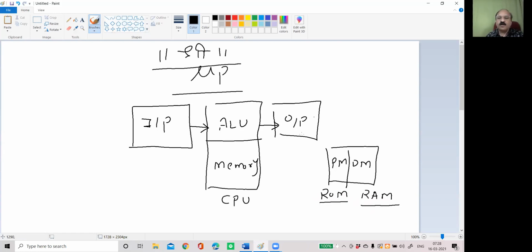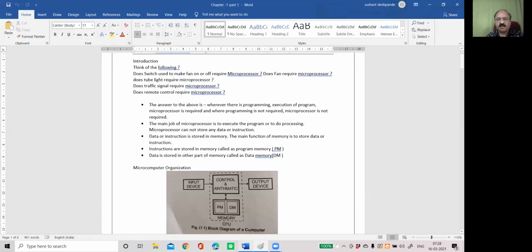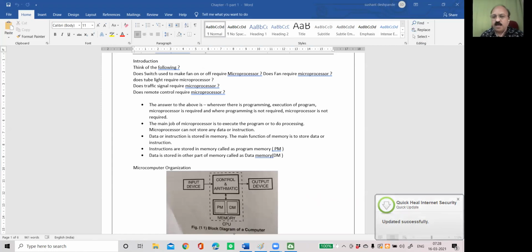Now, if you see this particular block diagram, let me share this. Input device, CPU, control and arithmetic unit, output device, and memory. This is a computer. But what we are going to study is this part of the computer. That is, the microcomputer consists of input device, output device, CPU, and memory.